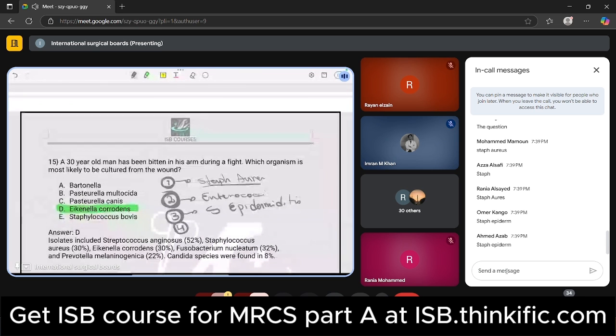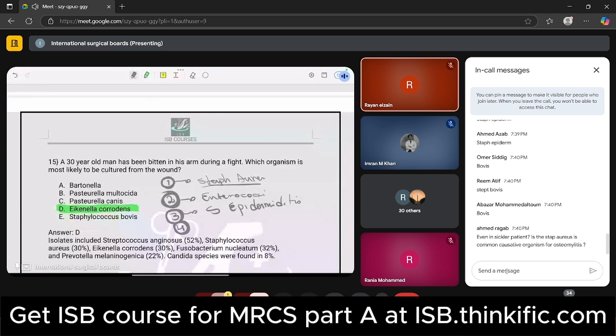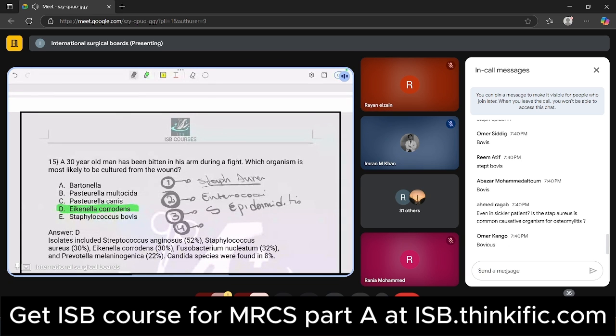You get the idea. Number 4 is someone with colon cancer presenting with infective endocarditis. What's the organism, most likely? Bovis, yes, that's it. Streptococcus bovis, which is the old name. You know, microbiologists, when they name something, they give it a very funny name, right?